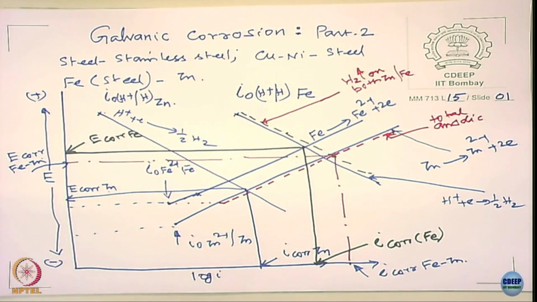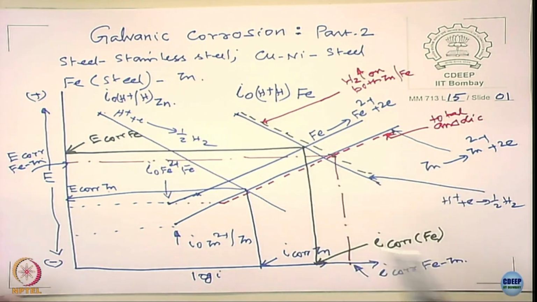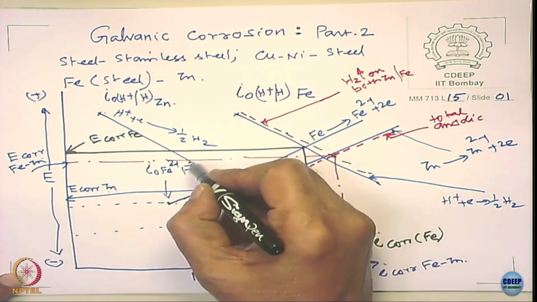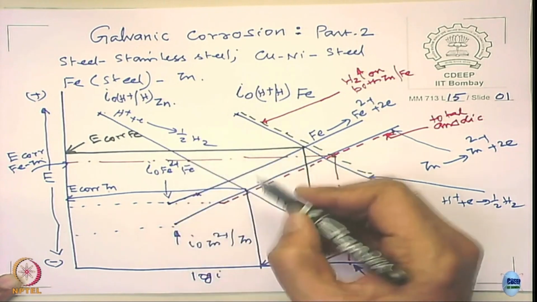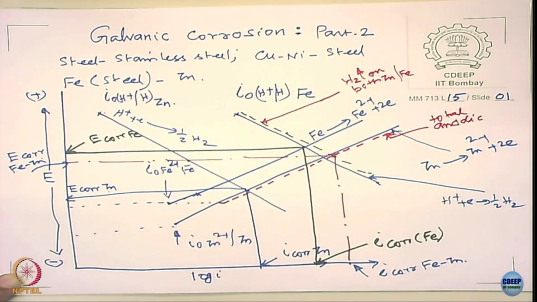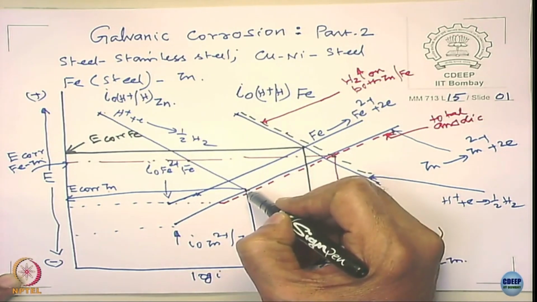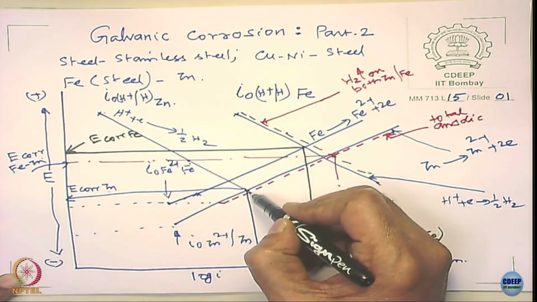Okay. So what is happening now? You see what is happening to the hydrogen evolution on zinc. The hydrogen evolution on zinc is getting reduced to this value, am I right? It is reduced from here to this value. The hydrogen evolution is decreasing from here to here, but what is happening to corrosion?